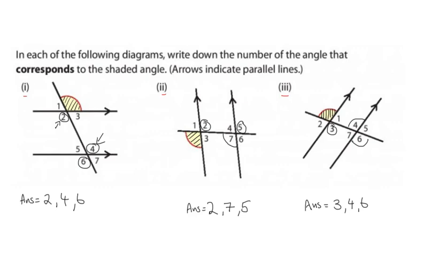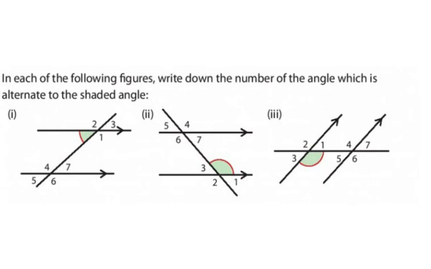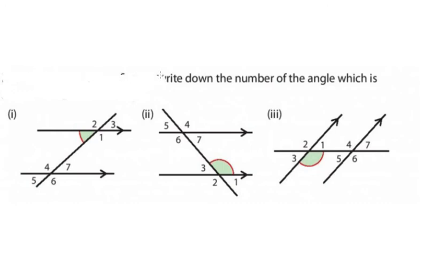And I've got a few questions here that I'd like you to do for homework that are exactly like this. So here they are. It says, in each of the following figures, there are 3 figures, write down the number of the angle which is alternative to the shaded angle. Now, actually, I want you to ignore the question because I misread it. I want you to do exactly what we did in the last question.